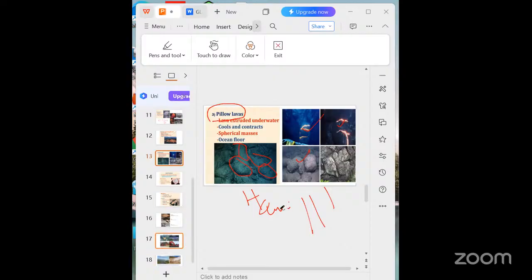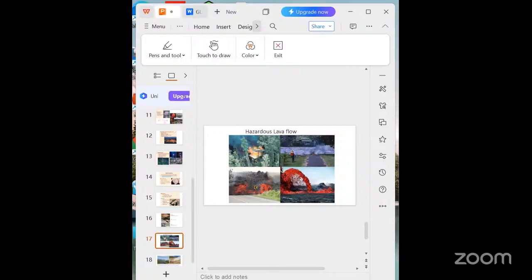And hazards from lava flows, those are given the speeds at which lava flows travel. Death caused directly by a lava flow is very rare, as most people are able to move out of the way of an oncoming flow, right?